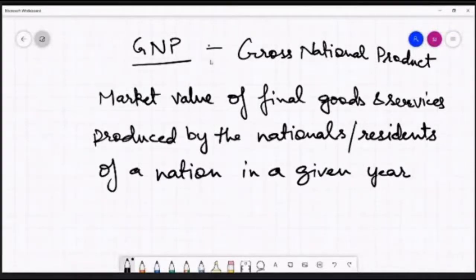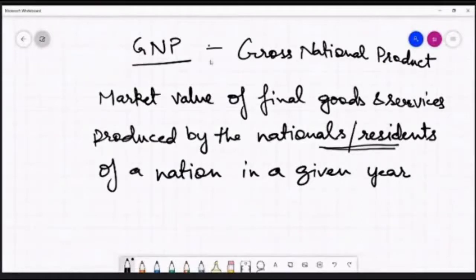So in case of GNP, it is not the boundary, but it is the nationals or the residents. Rest of the things remain the same, but what is changing is that now this production is by the residents. So they can be within the country, they can be outside the country. But all the production done by Indian nationals, wherever in the world, whether in India or outside, that value is included in GNP.